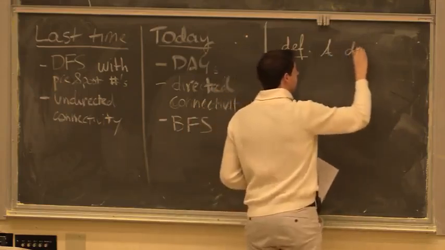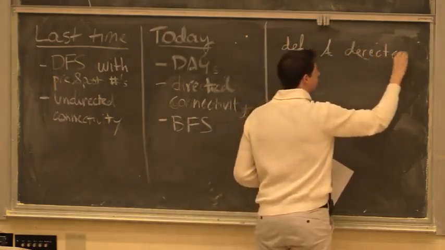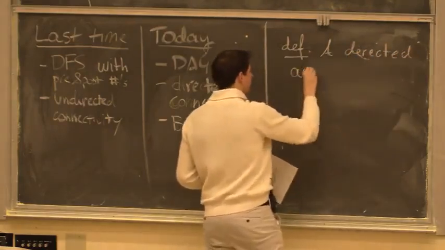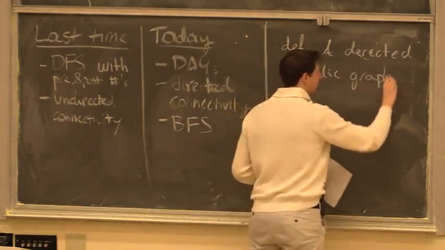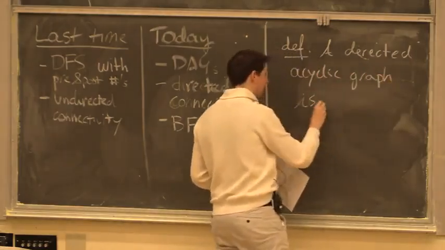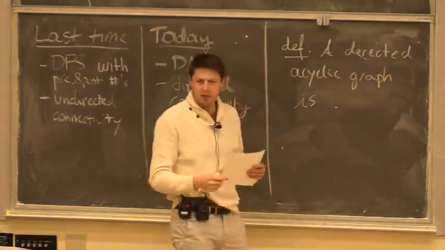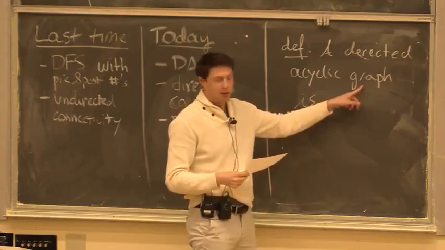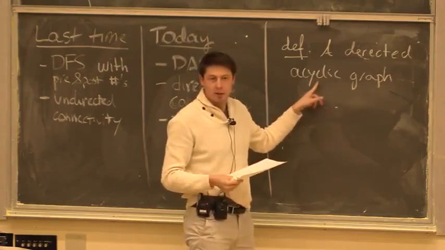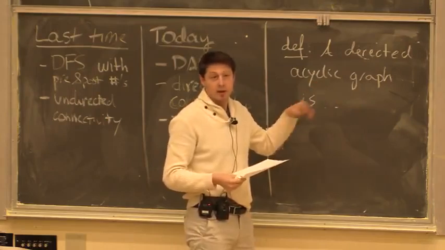A directed acyclic graph is, well, actually the name is pretty descriptive, right? So it is a directed graph that is acyclic. What does acyclic mean? There are no loops, okay?